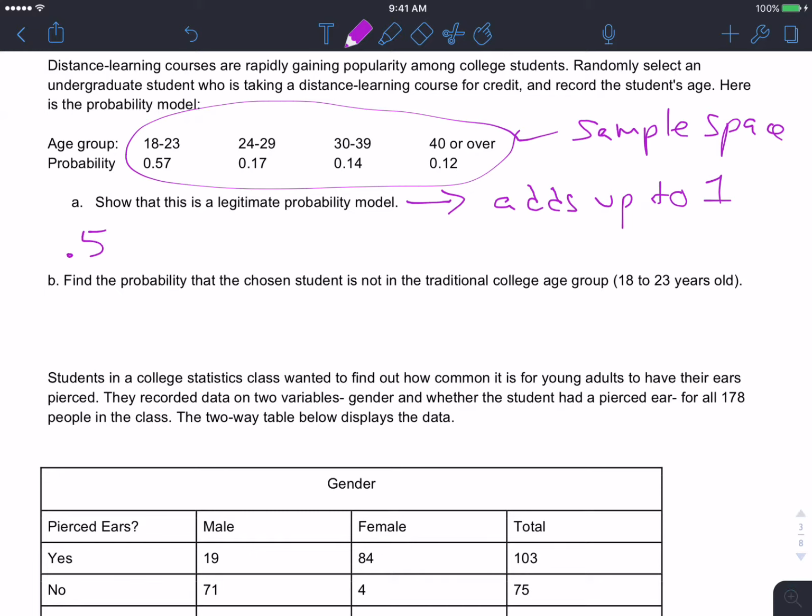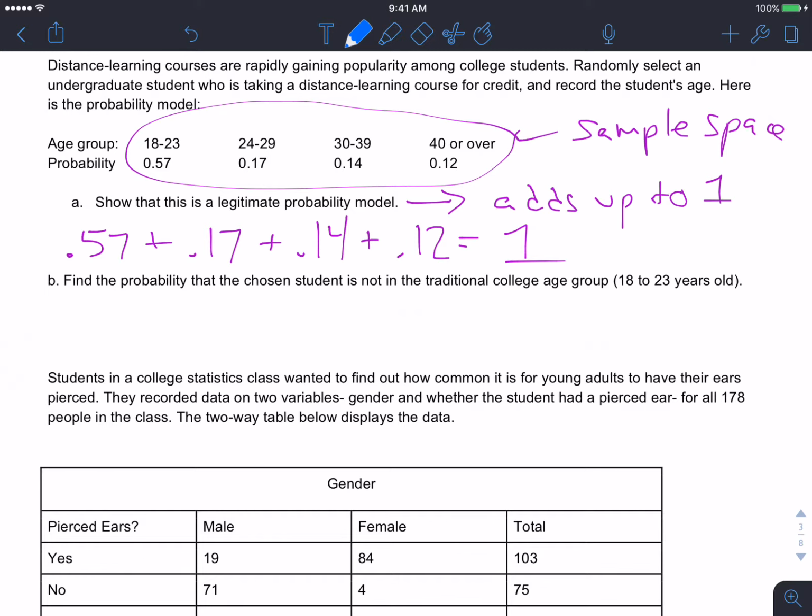So 0.57 and so on, and it indeed does equal 1. Therefore it is a legitimate probability model.